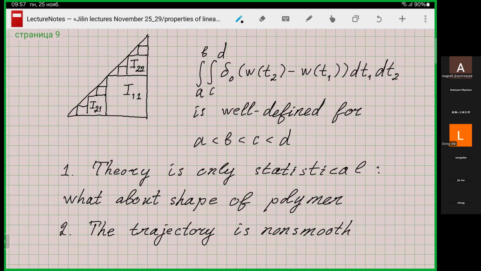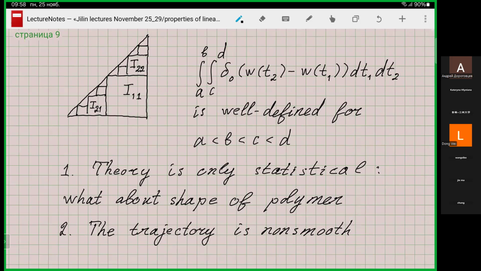It has a highly non-smooth trajectory, only Hölder of order less than 1/2. From this point of view, it is slightly unnatural to consider such a trajectory, such a curve in the plane or in space, as a model for a polymer. We cannot discuss the shape of the obtained random knot. It has infinitely many self-intersections and so on.